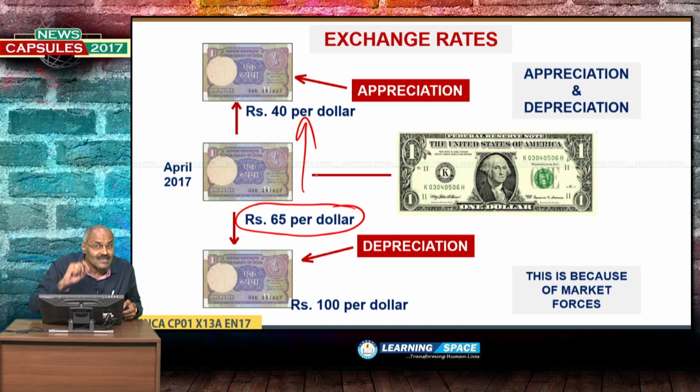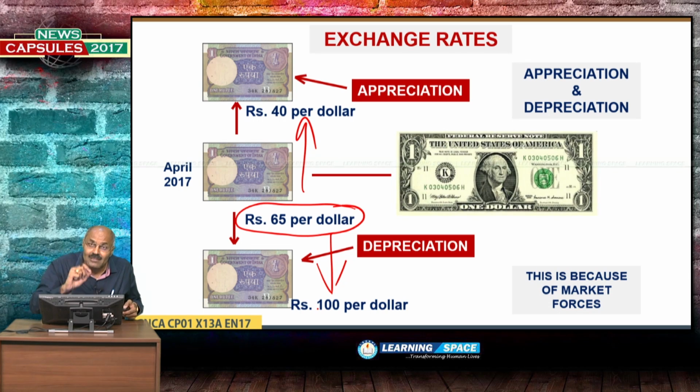As a matter of fact, today it is around rupees 65 per dollar. If it goes up to 63, 62, 61 like that, it is appreciation. And if it goes to 66, 67, 68, something like that, towards this end, it is depreciation.